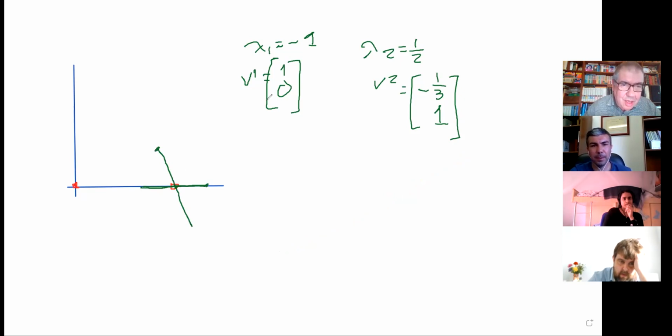Now, let's think about the trajectories. What are the points that you say you go to here or to there? Let's pick, for instance, a point here.